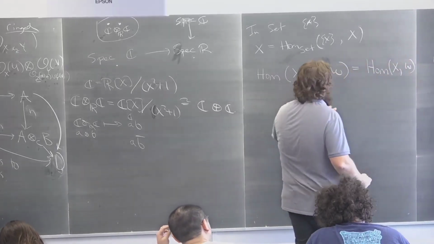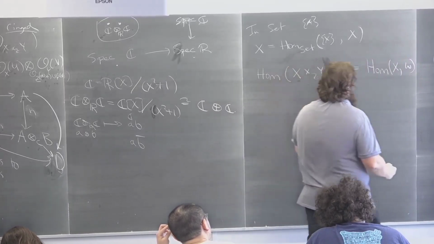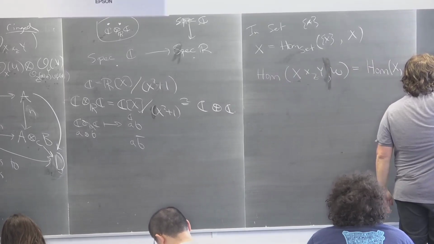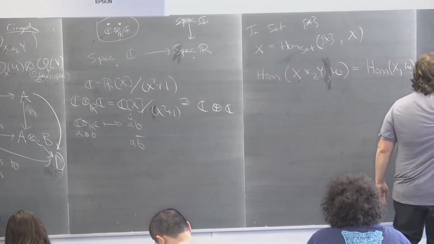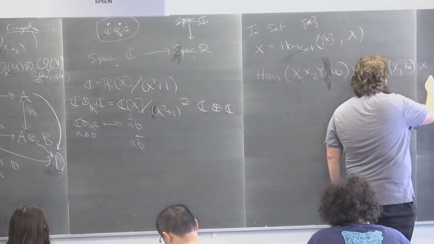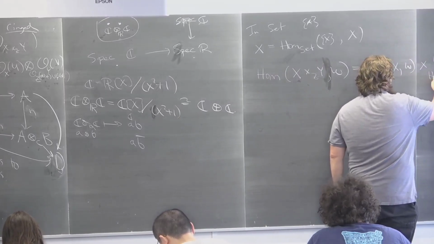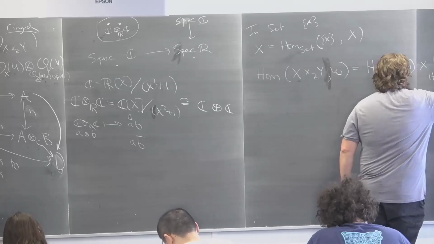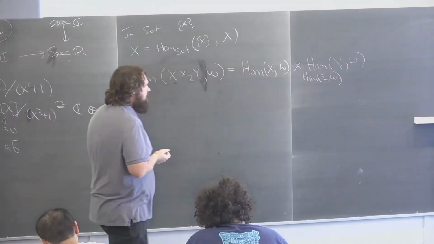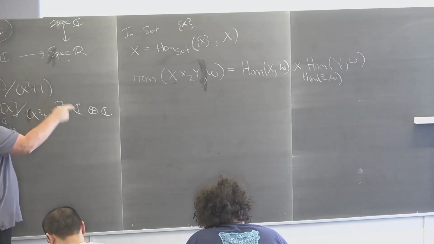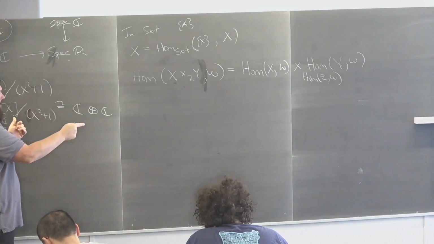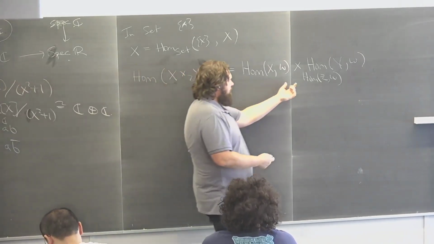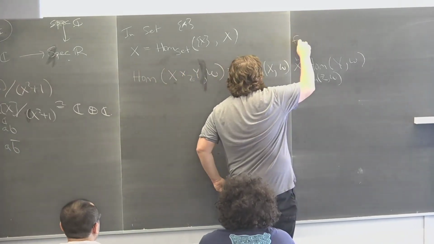If I have a Hom from this fiber product, it gives me a map from X and a map from Y. And I'm taking the fiber product as sets over Hom of Z into W, right? So I'm looking for maps from X to W and Y to W such that they agree on Z. So this is the fiber product as sets.